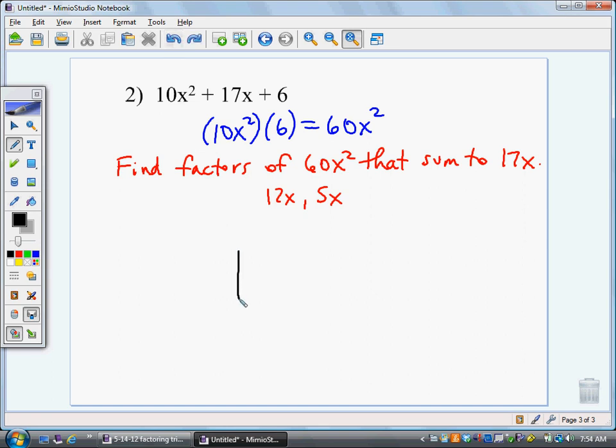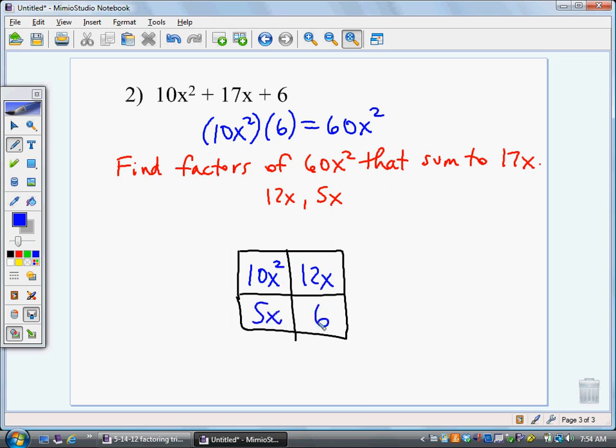Put your 4 terms in a box. 10x squared, 12x, 5x, 6. Greatest common factor of the first row, top row, 2x. Greatest common factor of the bottom row, there is nothing besides 1, so just put a 1 there. Left column is 5x. Right column is 6.